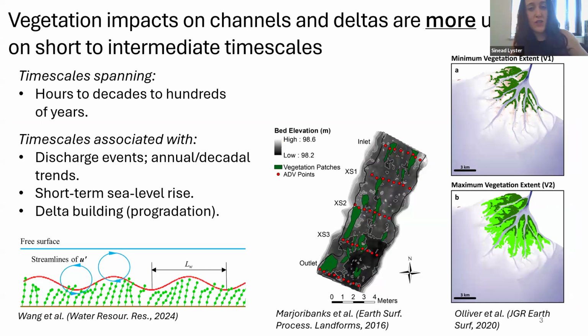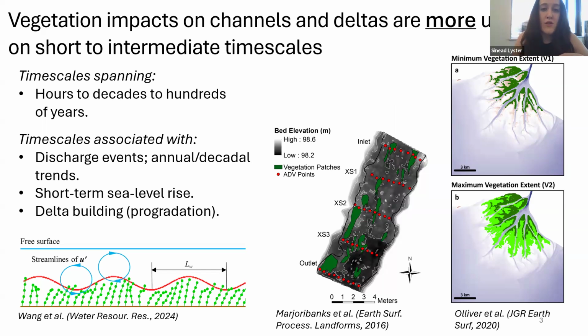So what do we know about how vegetation impacts deltas? Now I'm just going to broaden a little bit and focus on how vegetation impacts channels and deltas. We know a lot about this, particularly on short to intermediate timescales. These would be timescales associated with perhaps hours to decades to hundreds of years.